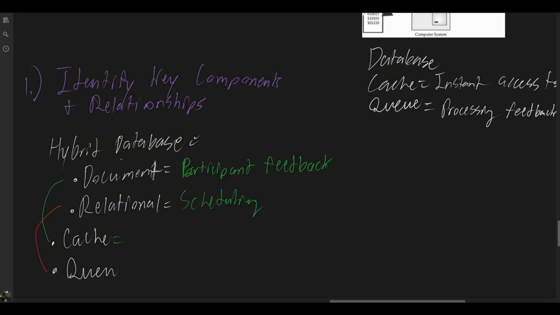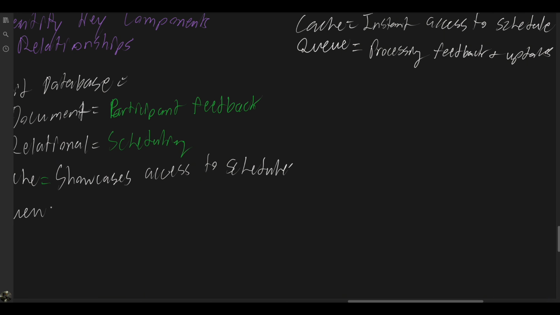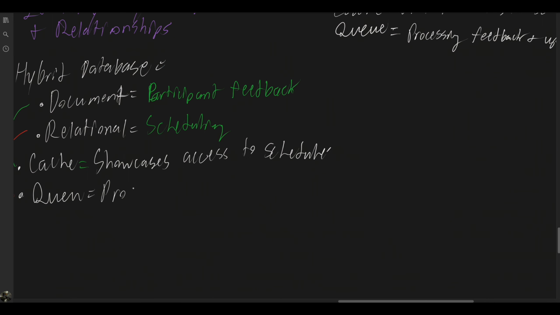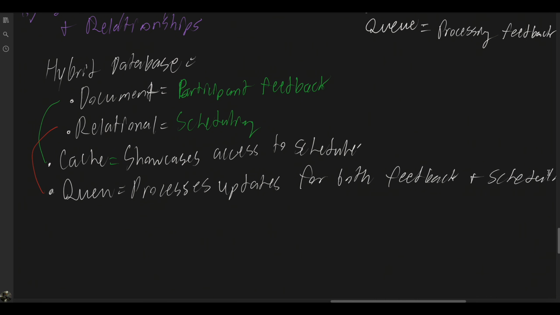The cache showcases access to schedule, and then the queue always processes updates for both feedback and scheduling. And so that highlights the entire relationships between them.